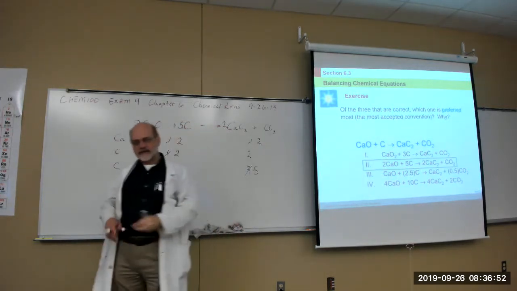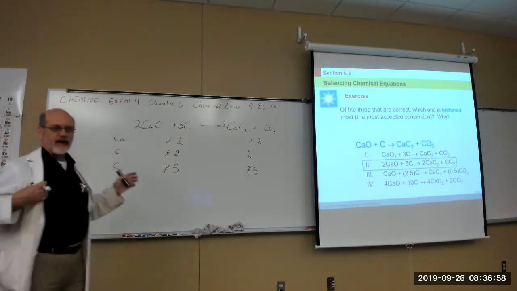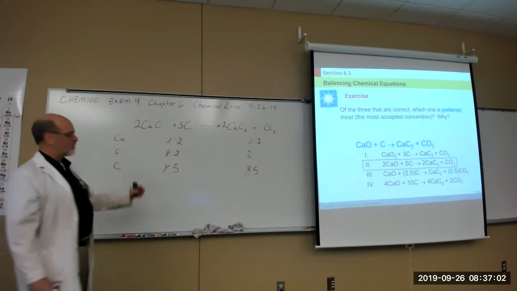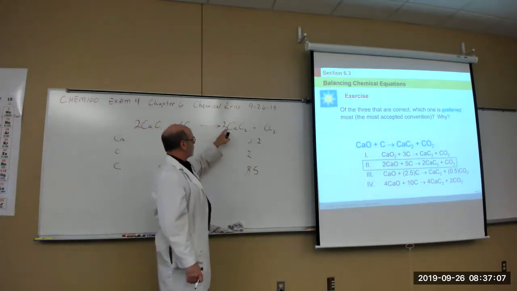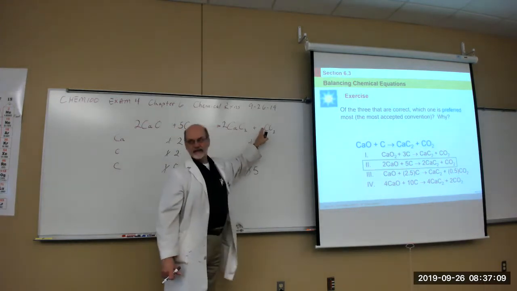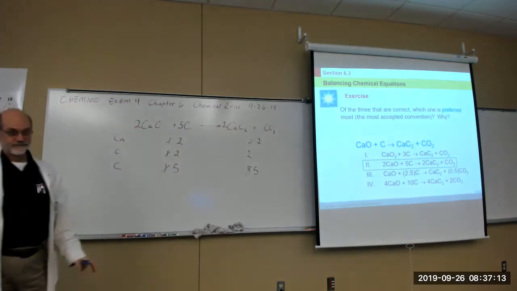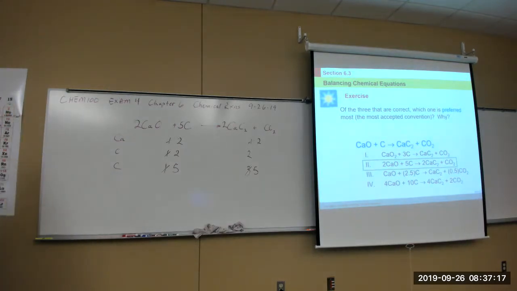The reason I say that is some exam questions may come in the form of, when this equation is balanced, what is the sum of the coefficients? So you'd add them up. 2 plus 5 is 7, 8, 9, 10. Don't forget that 1. Okay, just a word of warning.